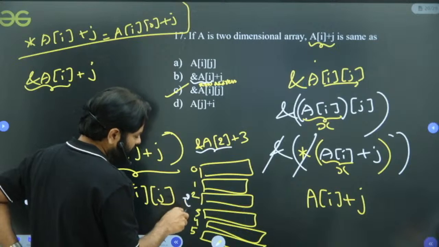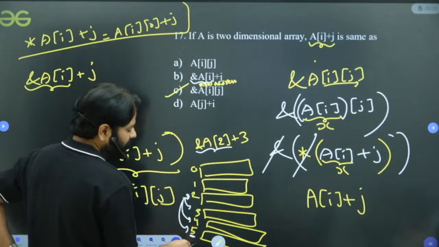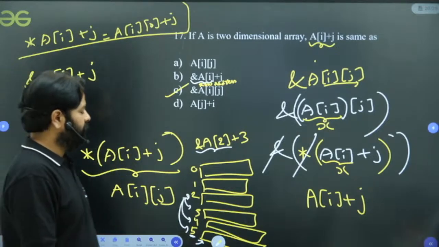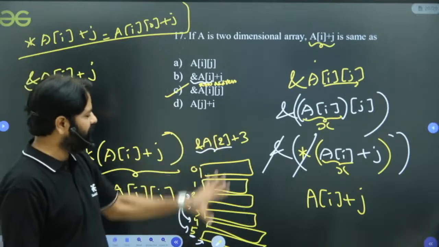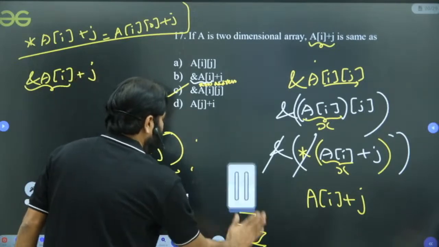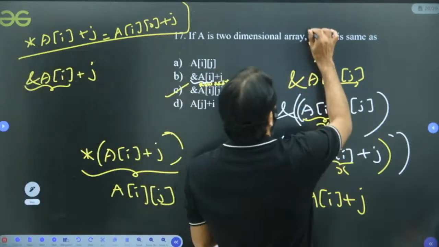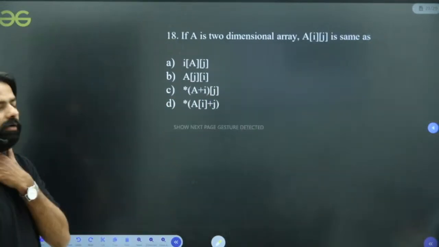So plus 1, plus 2, plus 3. It goes here. So we'll get the address of this one. Of course, that may be there, may not be there, we don't know. But this is not the row address, it's the element address. Okay, let's go to the next one.